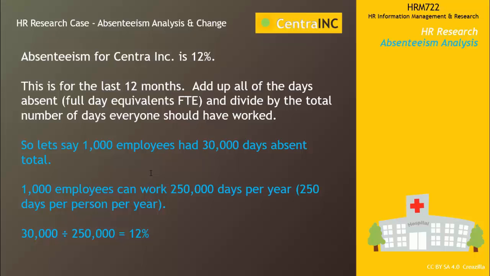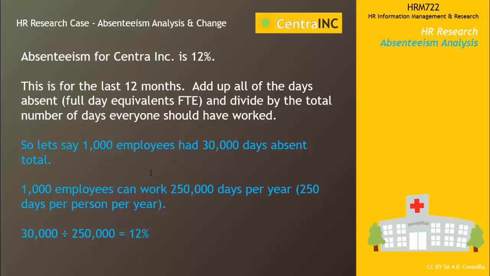We typically don't work on weekends, so it's 2 days rest out of every 7. You take away the weekends times 52 weeks, and then there's 1 day that's overlapping. So generally, we get a number like 250 or 260 days. And if this was ever a test question somewhere, I tell you the number of days in a year. So if one person is supposed to work 250 days, then 1,000 people together could work 250,000 days.